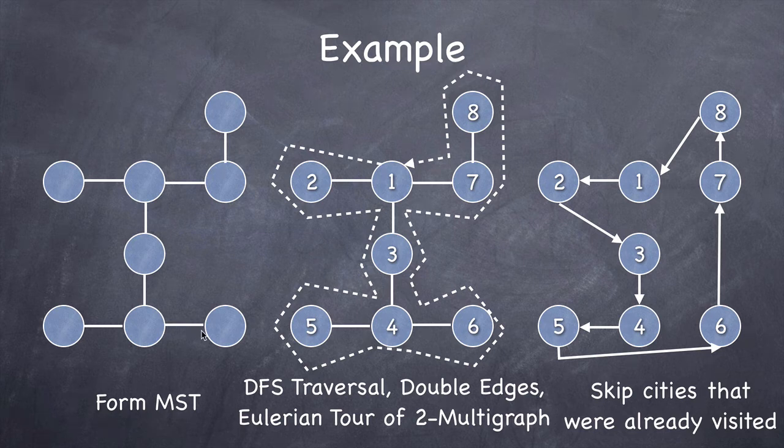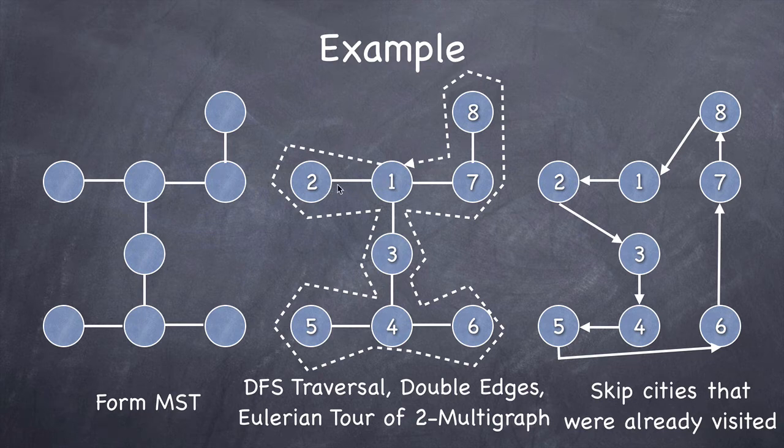Now what we do is we start at a certain node and then do a depth first search traversal of this tree. In this case, what this means is the following. We go from 1 to 2 and then go back.